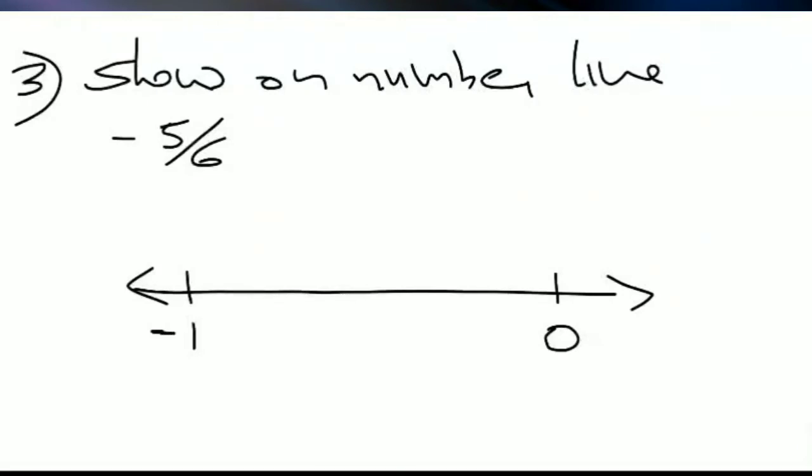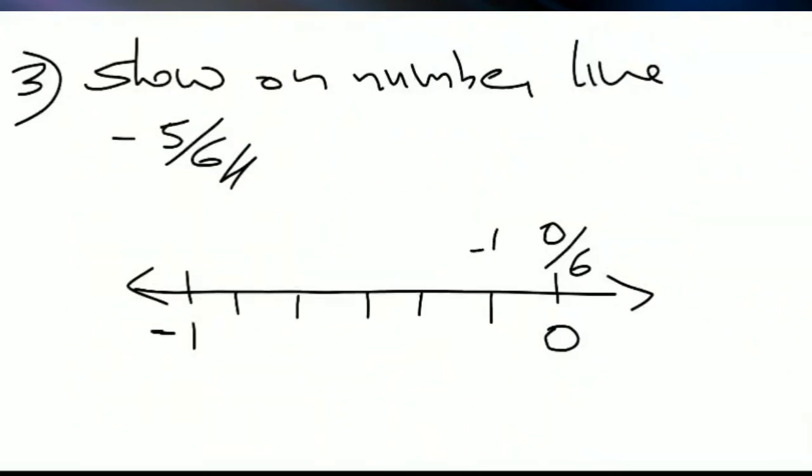Now we have to divide this unit into 6 equal parts because the denominator is 6. So 1, 2, 3, 4, 5, 6. Now we write 0/6, which of course means 0 itself.